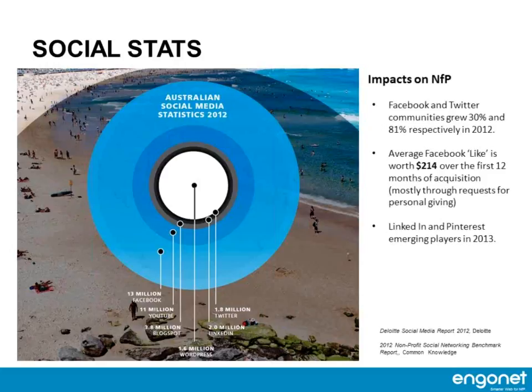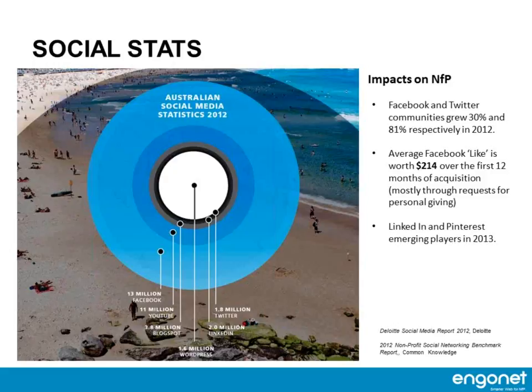So from Deloitte and also from a research firm called Common Knowledge, those not-for-profit organisations who have already invested in capability to have a community on Facebook and Twitter saw those communities grow 30 and 81% respectively in 2012. And that's just enormous in terms of the growth in awareness of your not-for-profit.